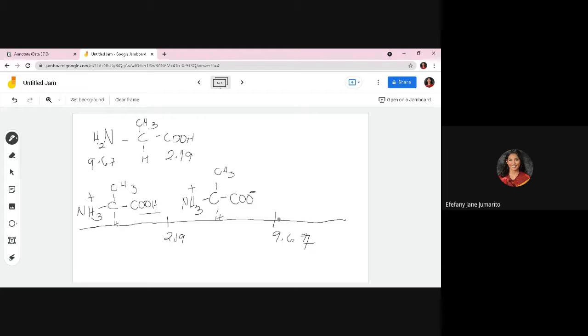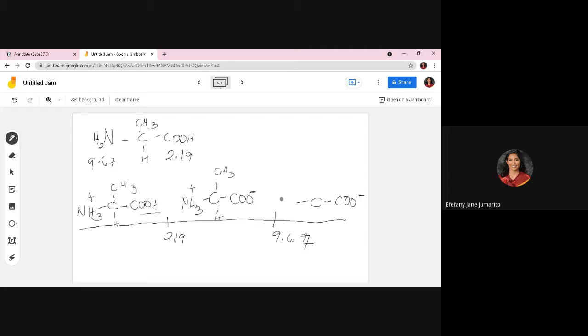Then under basic condition, after 9.67, from 9.68 up to 14, what's the structure of your alanine? The COO is negative.